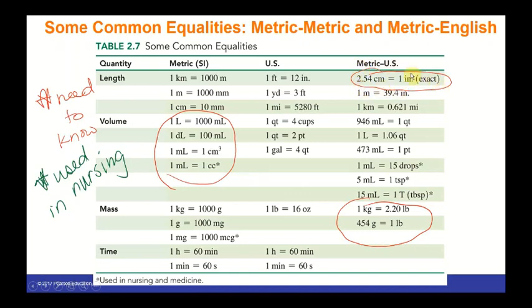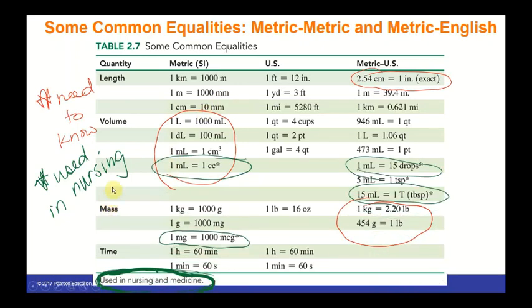Here for the US to metric conversions, you should know an inch to a centimeter, kilograms to a pound, grams to a pound. Other ones will be given to you in your questions, like on exams.